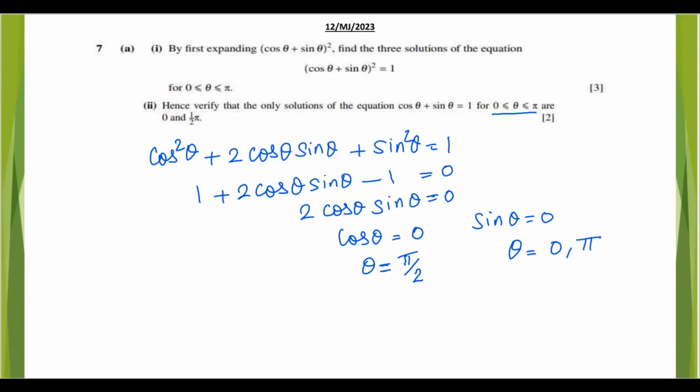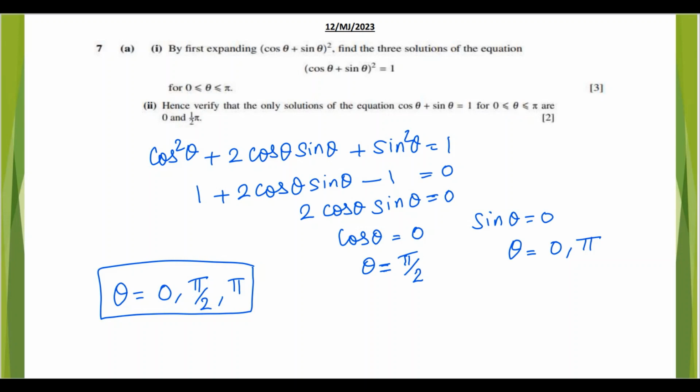So these are the three solutions: 0, pi over 2 and pi. The next part of the question is, hence verify that only one solution of the equation cos theta plus sin theta equal to 1 for theta between 0 and pi are 0 and 1 over 2 pi.